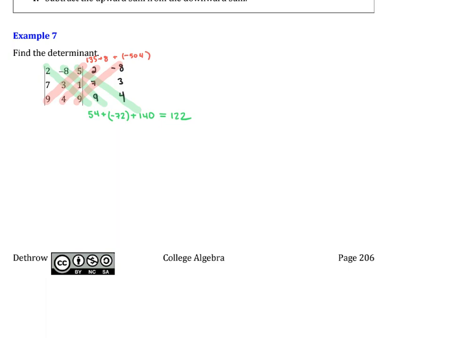So if we add those together, we get -361. Now, that means that our determinant is 122 minus -361, which is 483.